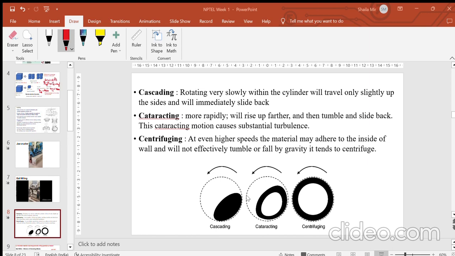This helps in crushing the material present at the bottom because of the impact, and also because of the abrasion and the attrition between the balls and the feed material, the crushing happens. So the most desirable phenomenon in ball milling is cataracting, while cascading occurs at a very slow speed, and this slow speed only helps you to swing the material in the ball mill, but does not help you to crush the material.